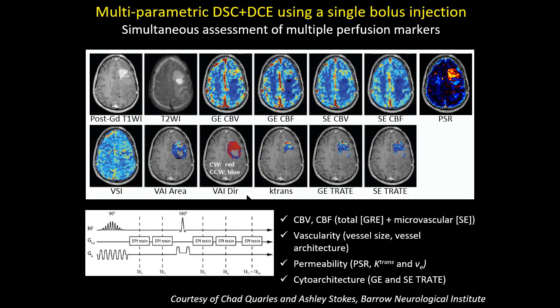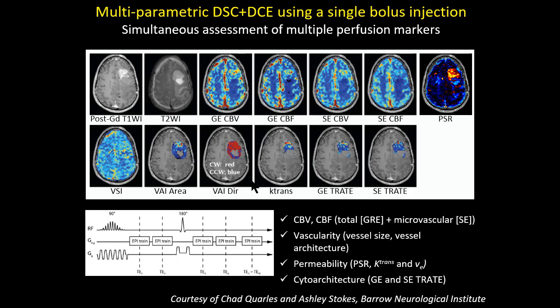Lastly, I just want to mention that I really talked about single echo DSC during my talk, but there are also looming on the horizon multi-echo techniques that might provide simultaneous assessment of multiple perfusion markers. This is a slide lent to me from Chad Quarles, and it demonstrates multi-parametric DSC plus DCE using a single bolus injection.